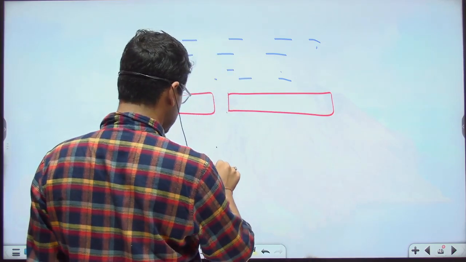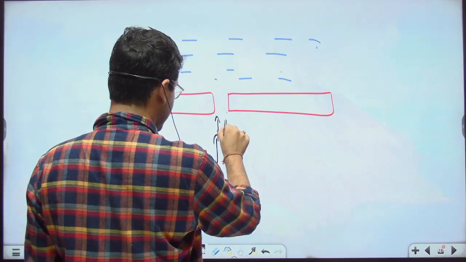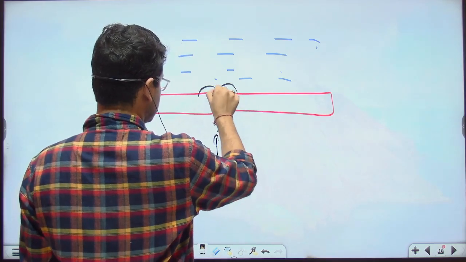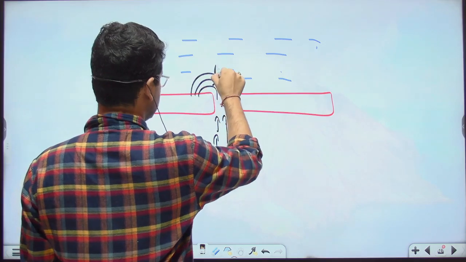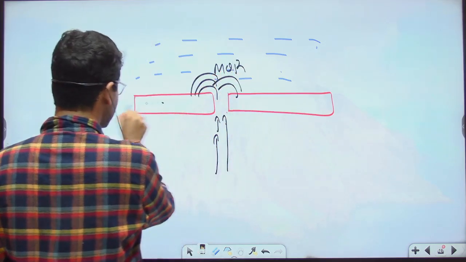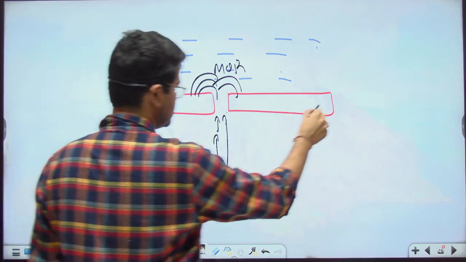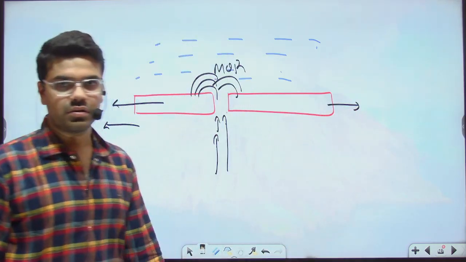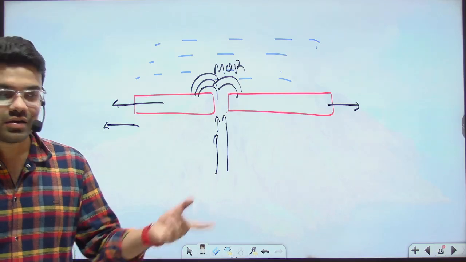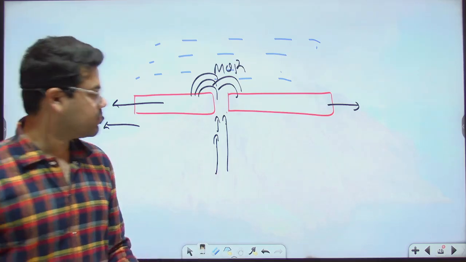The convection currents are coming, in black. Okay, the mid-oceanic ridges are formed, and the plates are getting diverged. What is the evidence that yes, this theory is true?